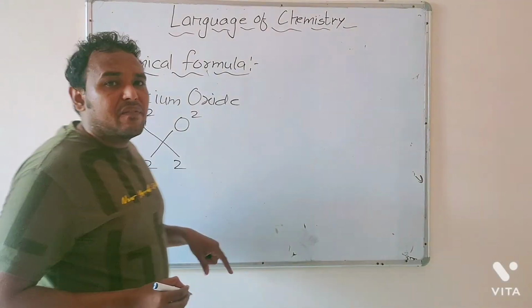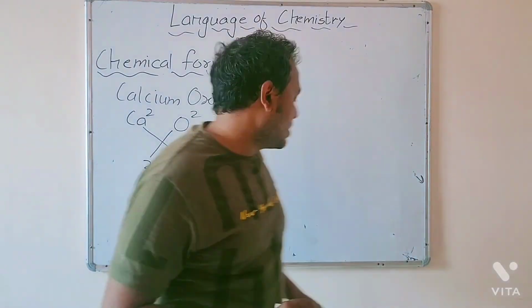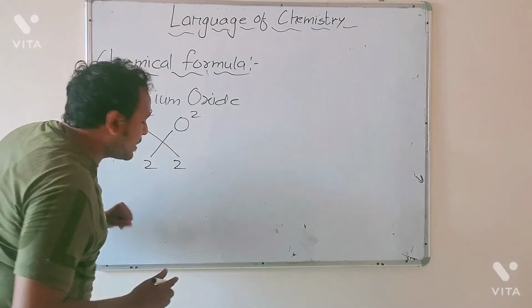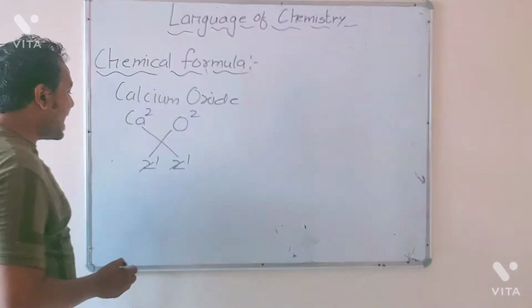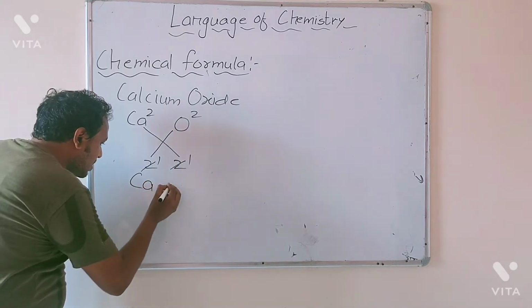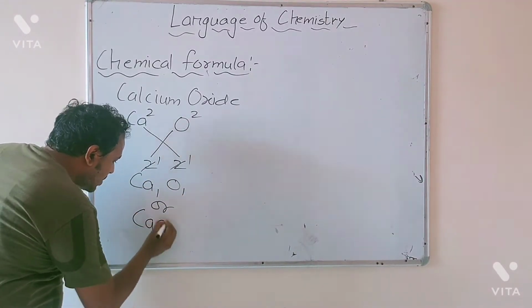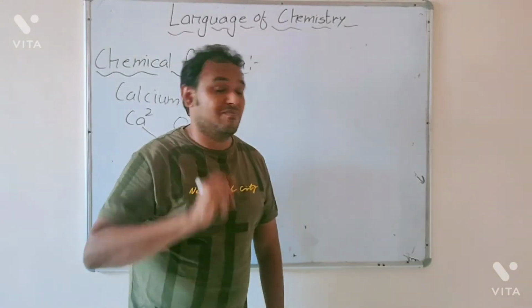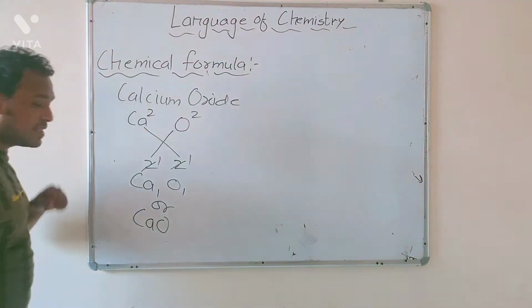If their valencies have a common factor, then this common factor is cut by a common number. So these both are cut by 2. 2 ones are 2, 2 ones are 2. Third step, write down this valency on the subscript. Ca1 O1 or CaO. We never show valency 1. So the chemical formula of calcium oxide is CaO.